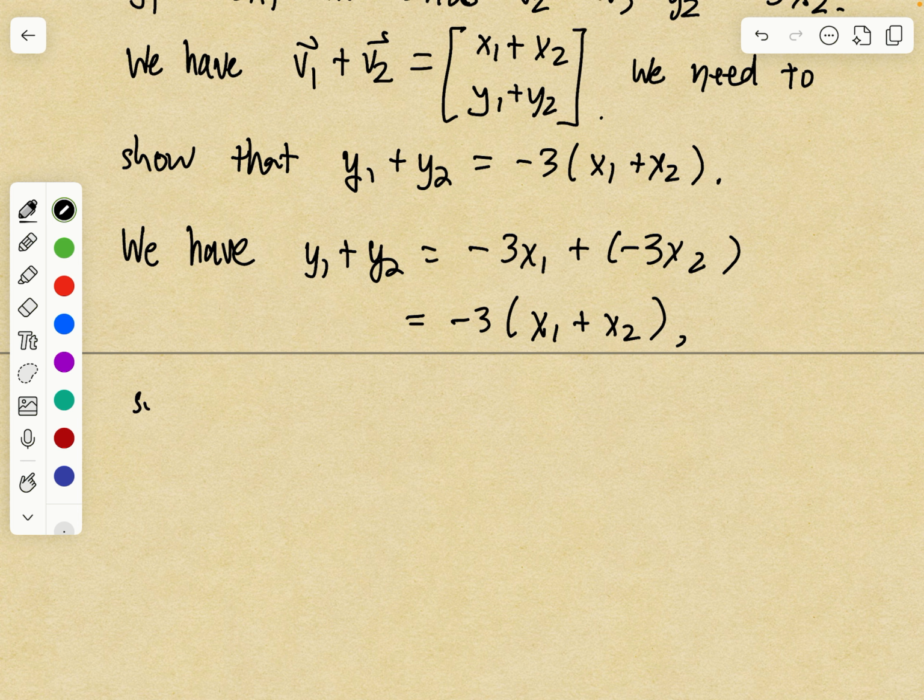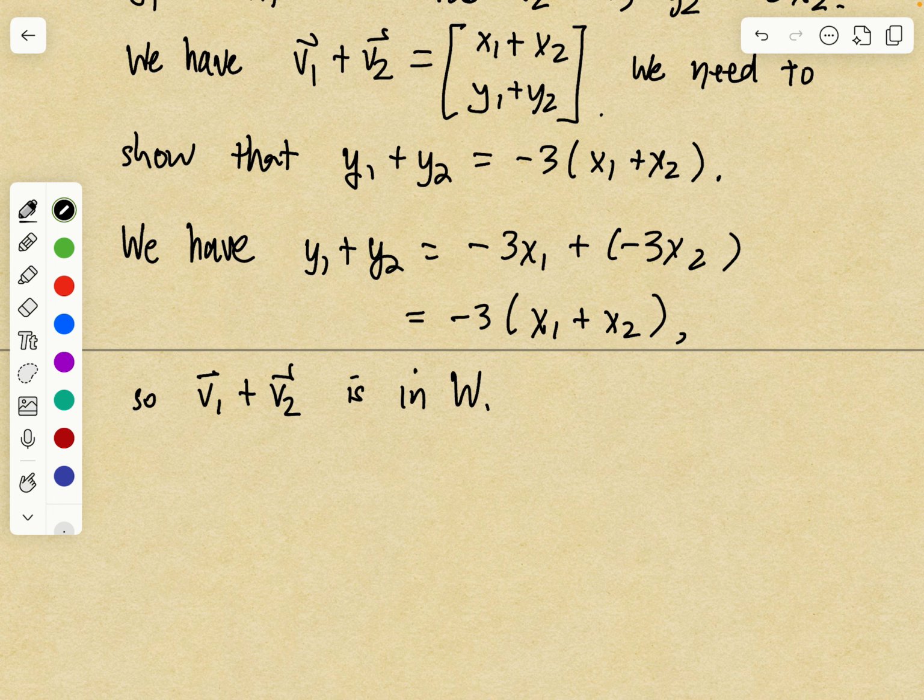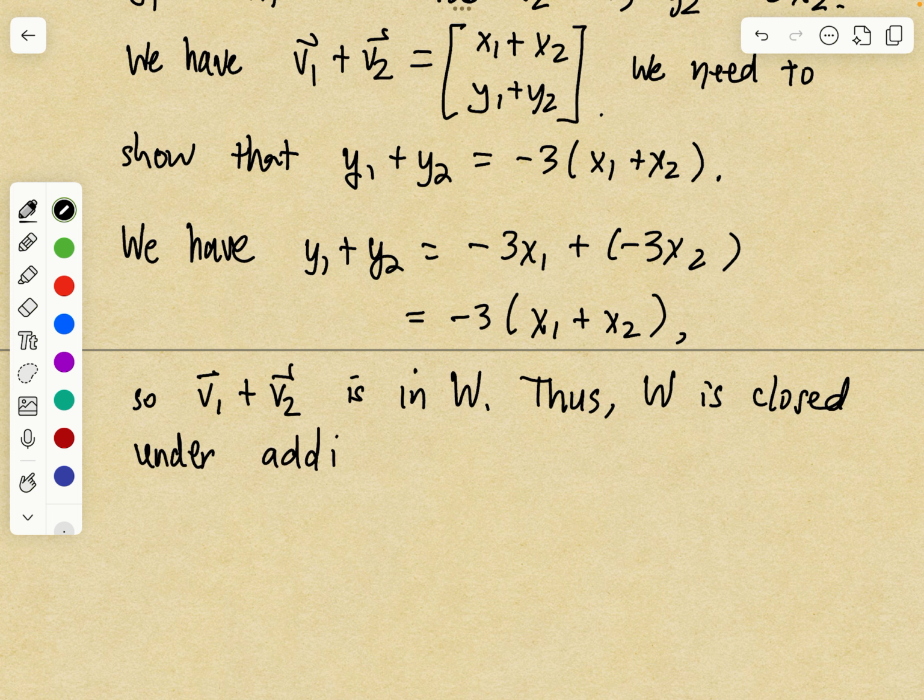And what that shows is that v1 plus v2 is in fact in W. Thus, W is closed under vector addition. That's how you write a proof that the set is closed under addition.